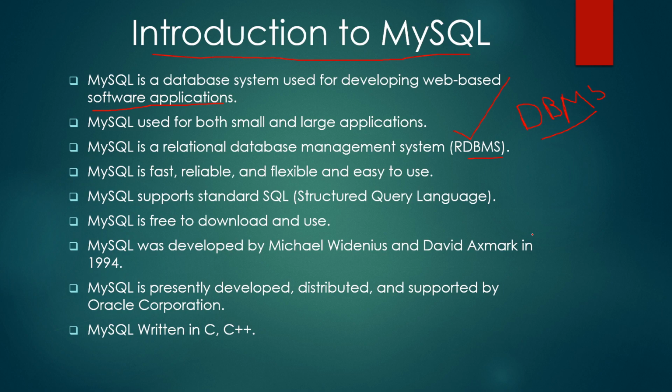There are many other database systems which don't use RDBMS, which are called NoSQL databases. That means they don't store the data in the form of tables. Okay, so an example is MongoDB. If you use MongoDB, data is not stored in the form of tables.